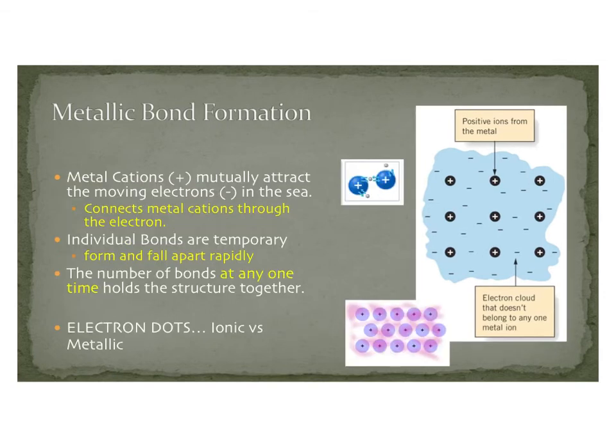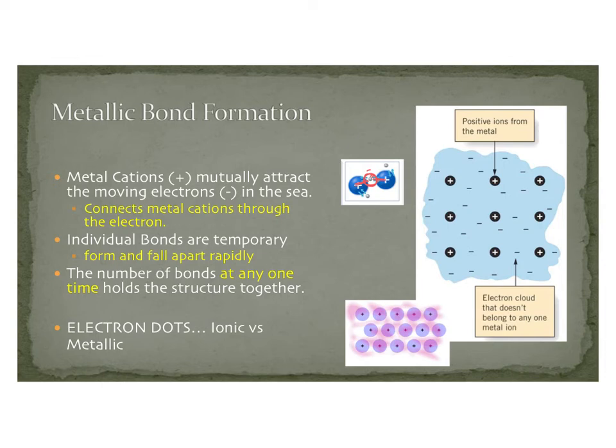So what holds them together? Well, the metal cations will attract the moving electrons in the sea. An electron comes between the cations, and this negative electron gets attracted by that cation and by that cation. Since they're both holding on to the electron at the same time, they get connected to one another.